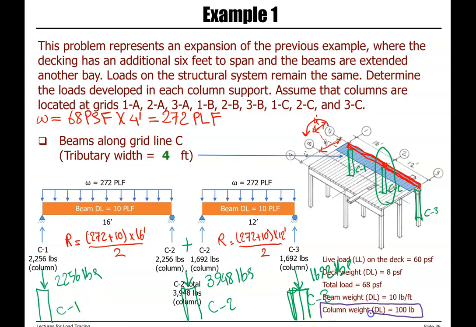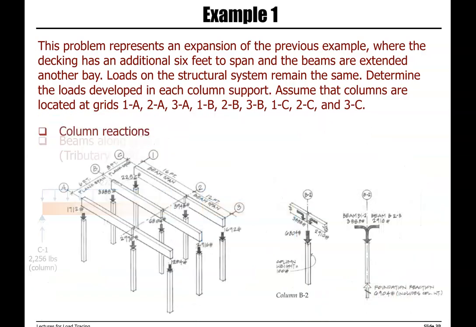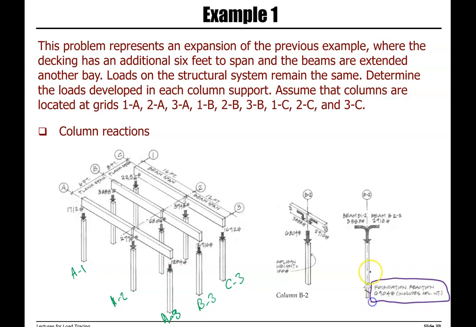The column by itself weighs 100 pounds. So if the question is asking for ground reaction or foundation reaction, you need to add the dead load of the column, which is 100 pounds, to the load transferred from the beam to the column.